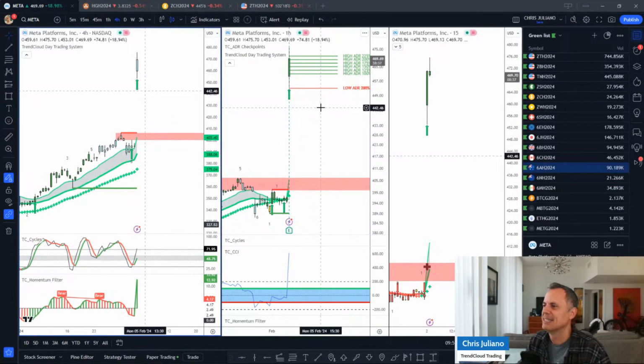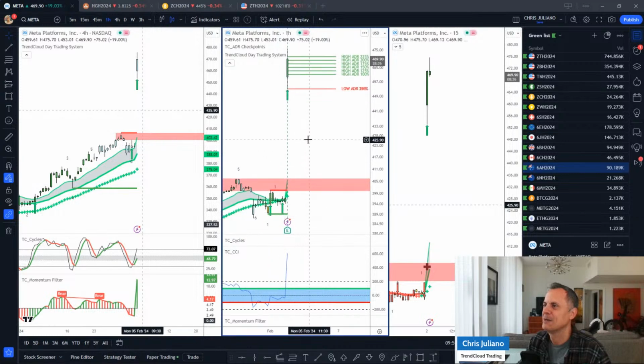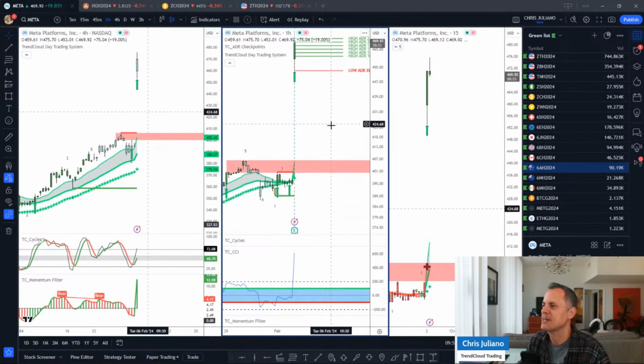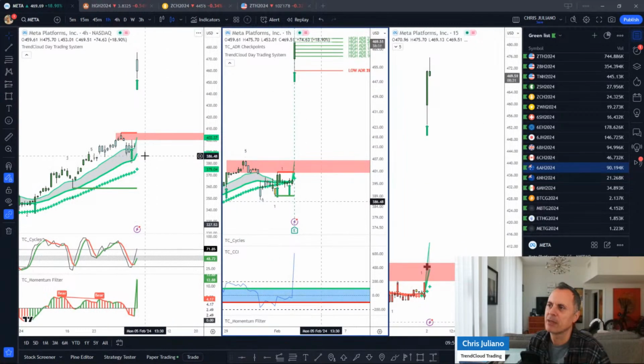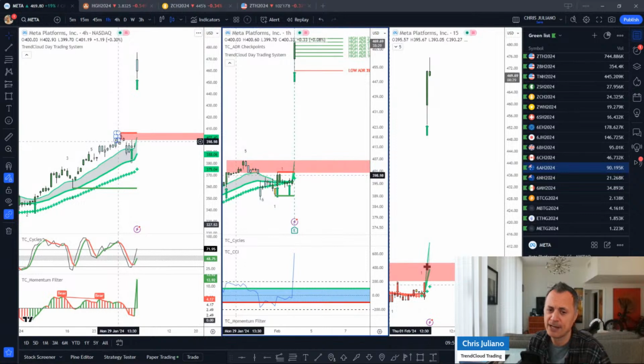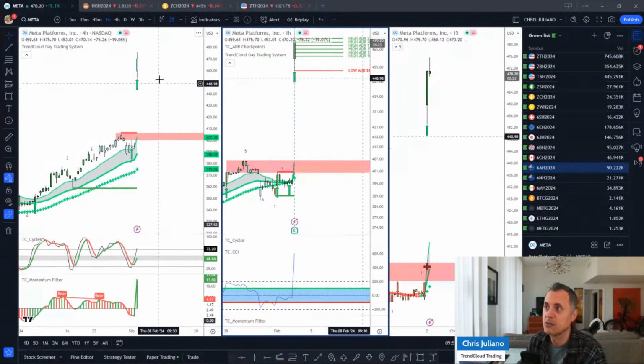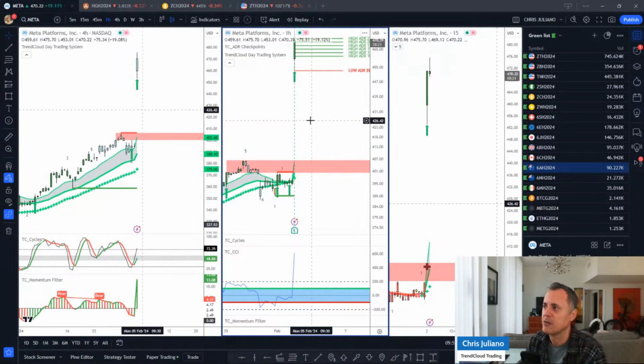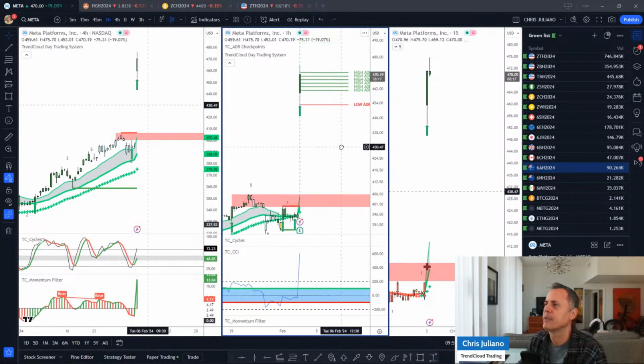Kaboom. So Meta breaks to the upside here. Super extended trend now. But what happened? I thought Mark Zuckerberg sold a whole bunch of Meta. So you really don't know.